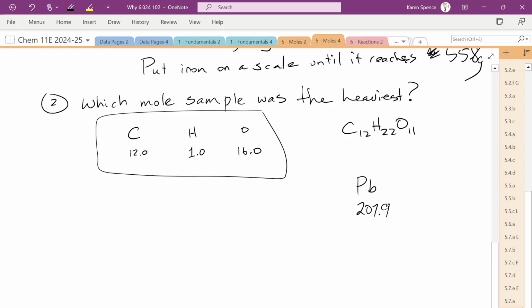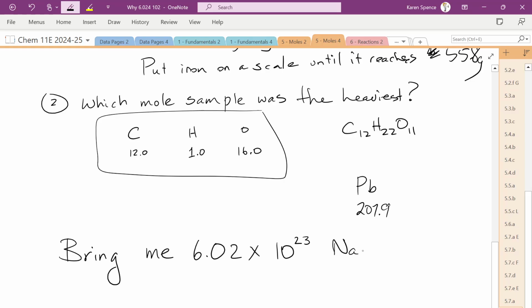There are beakers on the counter at the back there, okay? And my request is for you to bring me 6.02 times 10 to the 23 NaCl. What do we call a particle of an ionic compound?